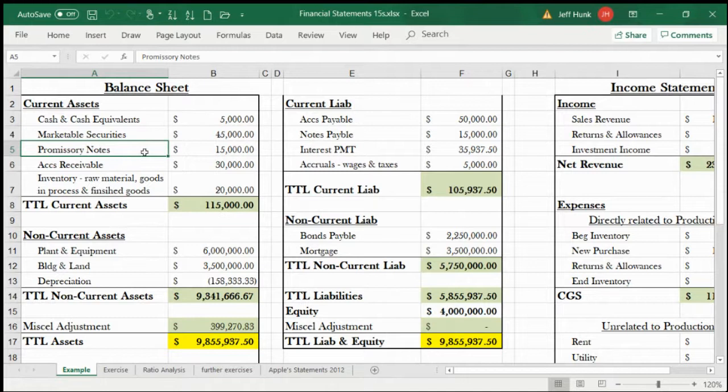Okay, so coming back to the promissory notes. Let me also combine it with the accounts receivable. Now, accounts receivable is basically also a credit sale. I said promissory notes are credit sales and accounts receivable are credit sales. So how are they different?